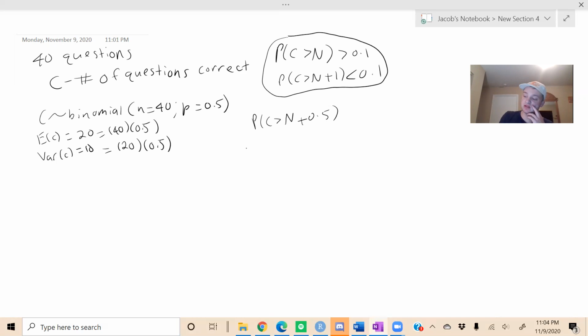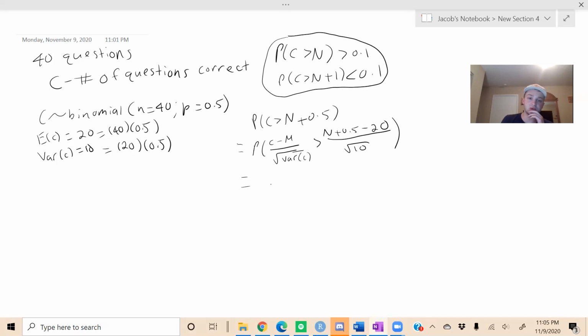We know that this is equal to the probability that C minus mu over the square root of the variance of C is greater than n plus 0.5 minus 20 over the square root of 10. That's applying what we know from the normal distribution.